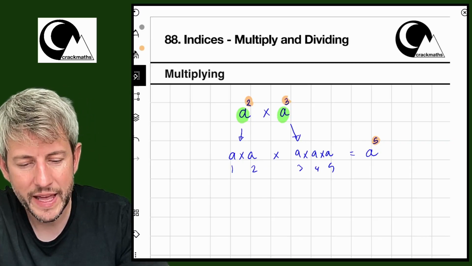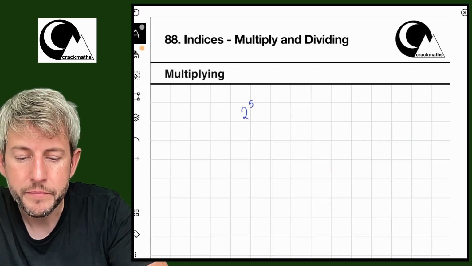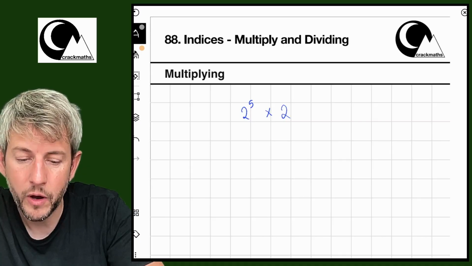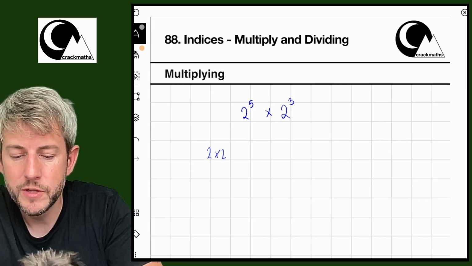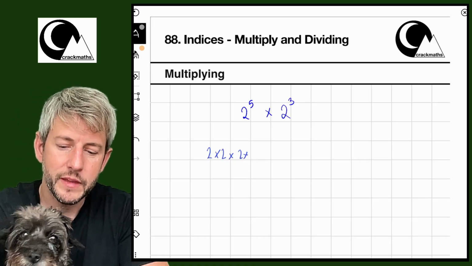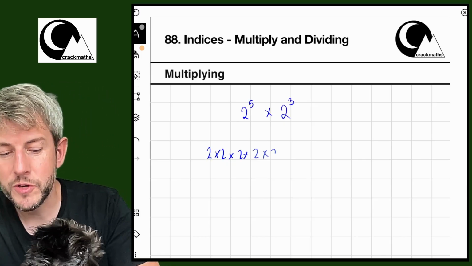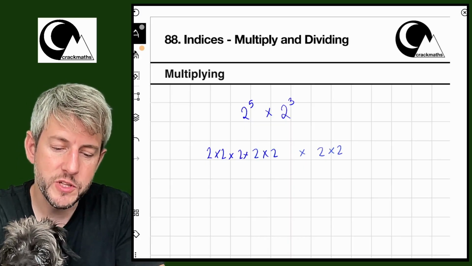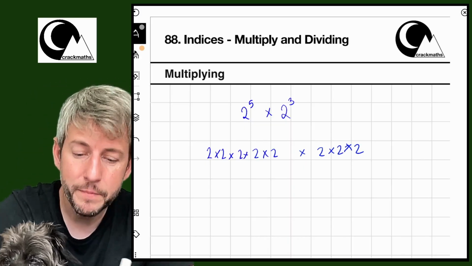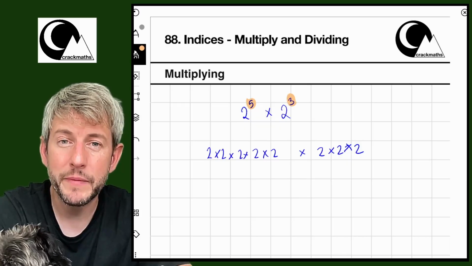Say for example we had 2 to the power of 5 times 2 to the power of 3. Well, 2 to the power of 5 would be 2 times 2 times 2 times 2 times 2, and then 2 to the power of 3 would be times 2 times 2 times 2, because remember that this index tells us how many 2's we have.